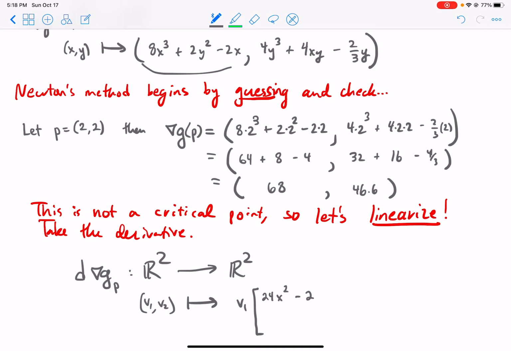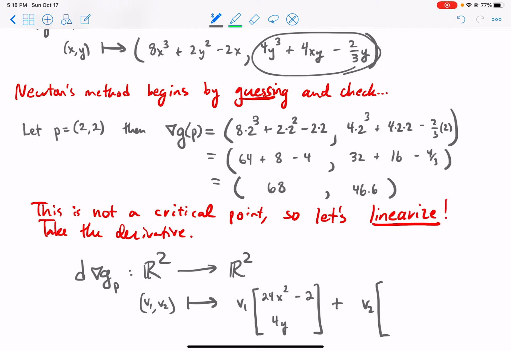And then the partial with respect to y is 4y. Plus v2 times, now I look at this component, I take partial with respect to x, and I get 4y, that's it. And then I take partial with respect to y, and I get 12y squared plus 4x minus 2/3.